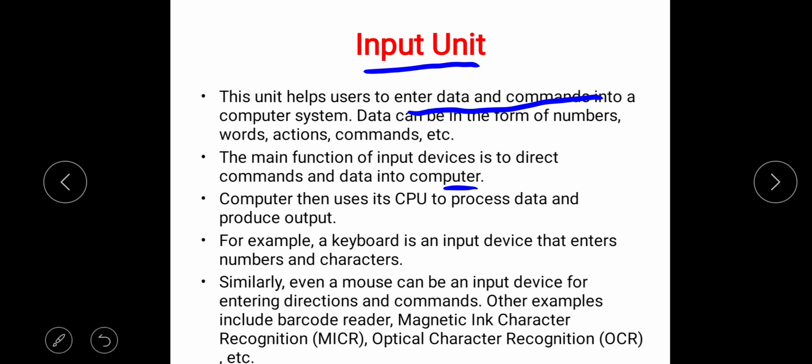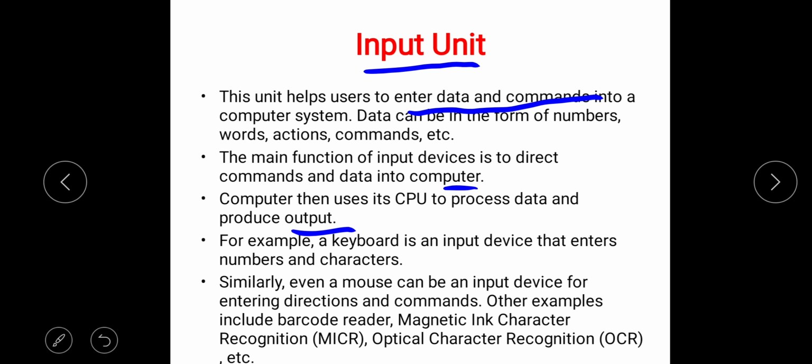Next, the system is used to process data and produce our desired output. For example, a keyboard is used to enter data, numbers and characters. Any combination of these we insert through the keyboard into a system.